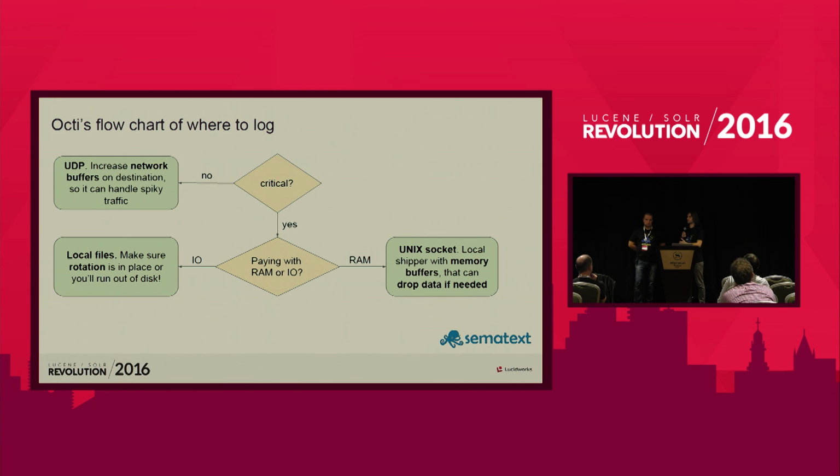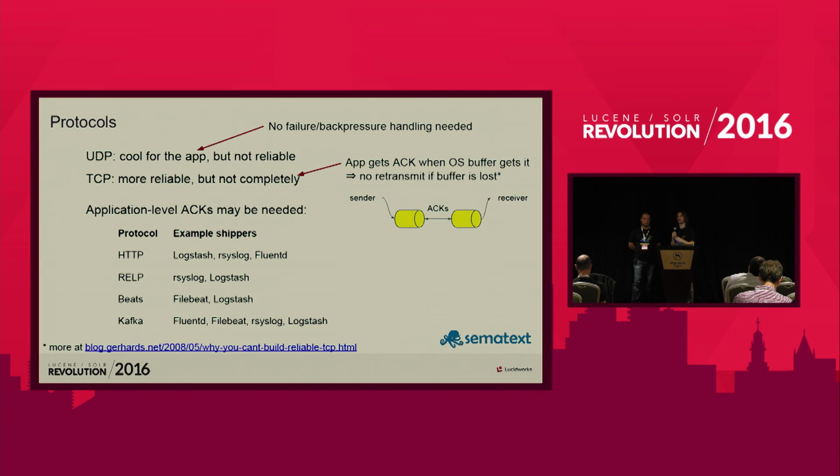If logging is critical, then you need to pay for this reliability either with I/O or with memory, because you can write to files and then make sure that you don't run out of disk, or you can write, for example, to a Unix socket and then make sure that you have a local log shipper always available for reading from that socket, and also being able to drop logs if its buffers get full, because otherwise, with Unix sockets, the call is blocking. So if the other side is blocking, you don't lose data, you'll block.